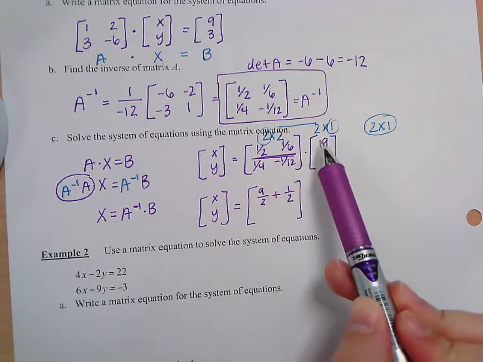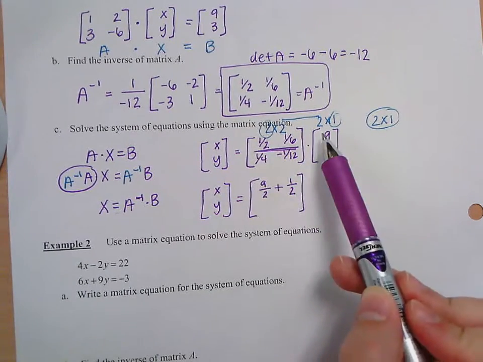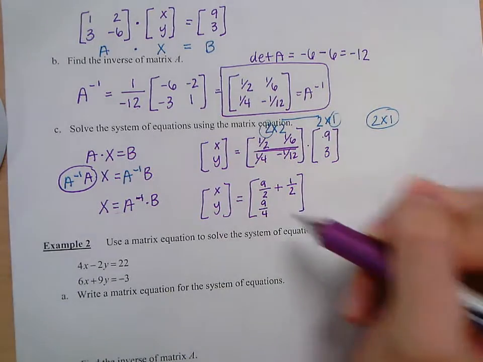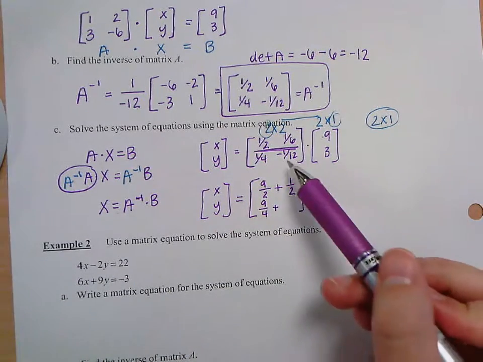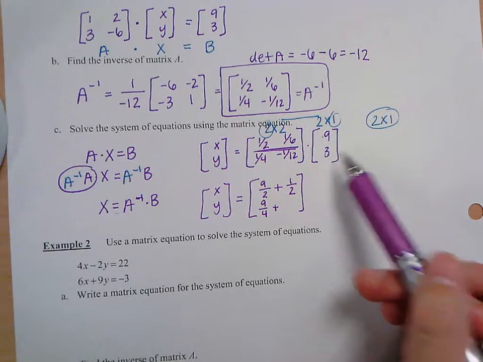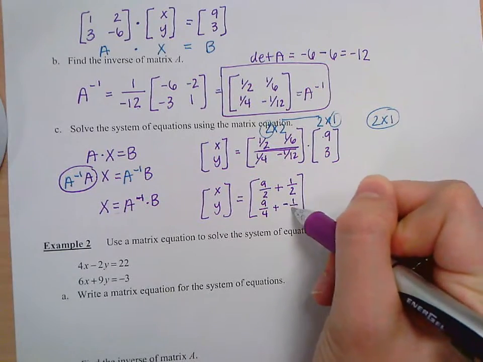Now I do row 2, column 1. In row 2, I have 1/4 times 9, so that would be 9/4. And then plus a negative 1/12 times 3 would be negative 3/12, which is negative 1/4.